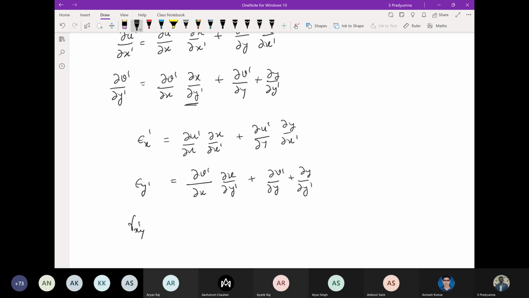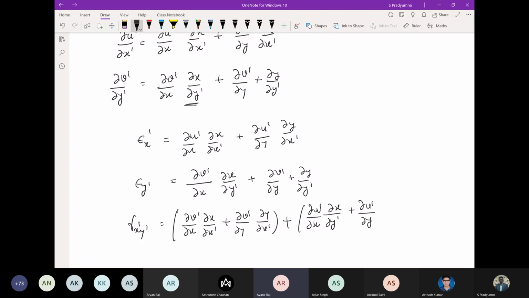Similarly, gamma x dash y dash is actually equal to dou v dash by dou x into dou x by dou x dash plus dou v dash by dou y into dou y by dou x dash plus dou u dash. Sir, there should not be a second plus sign in epsilon y dash.